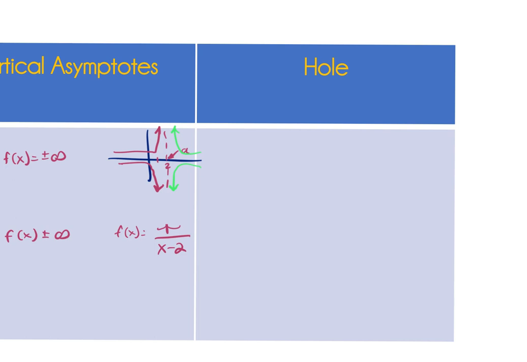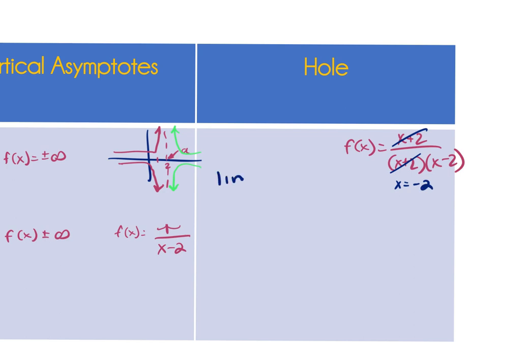Okay, for the hole, you need the x coordinate of your hole and the y coordinate of your hole. So whatever you get as your hole, again, you would get an equation. Let's do the same one. Let's say after I factored it, I canceled out my x plus 2's. That means that the x coordinate of my hole is at negative 2.